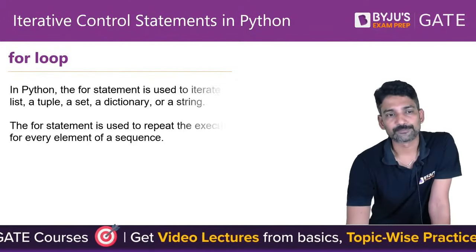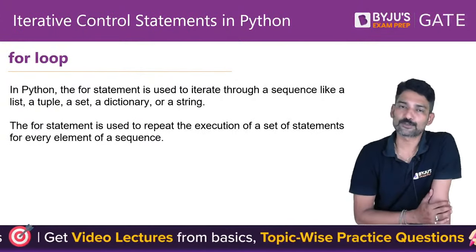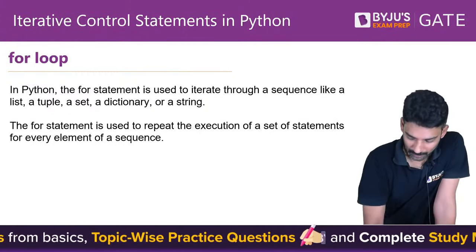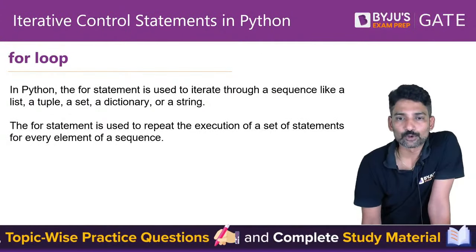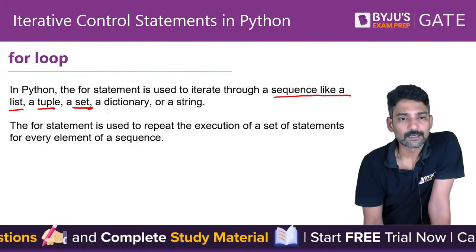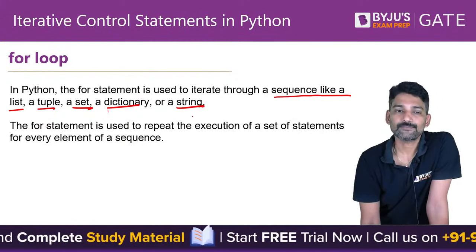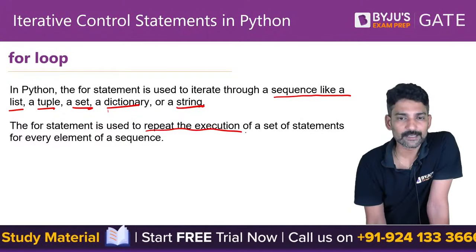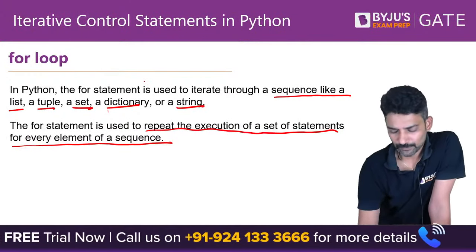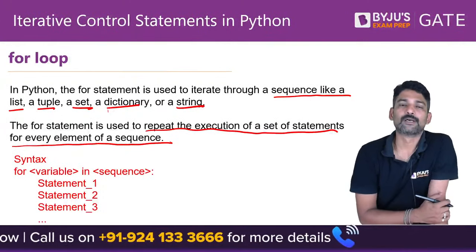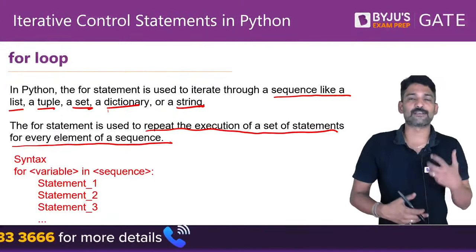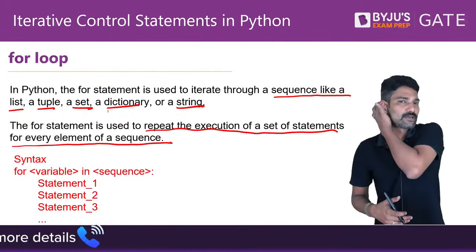So for loop in Python, the for statement is also used to iterate multiple statements and to iterate through a sequence like list, tuple, set, dictionary, string. It is used to repeat the execution of a set of statements for every element of the sequence. The syntax is not like for initialization, condition, increment or decrement or update.